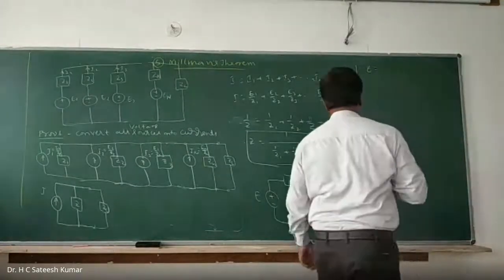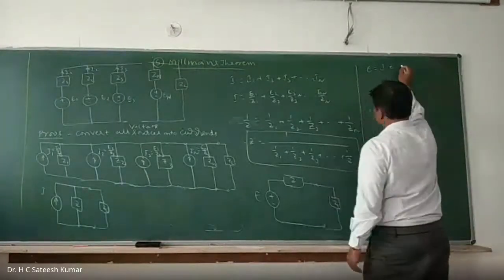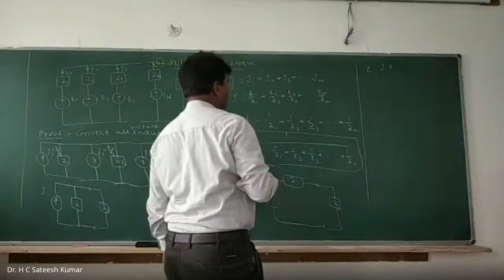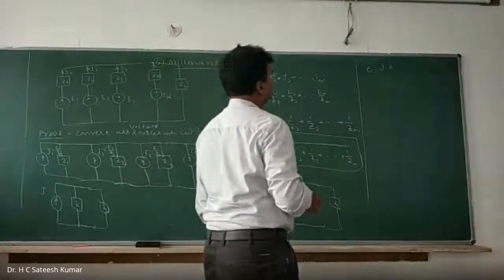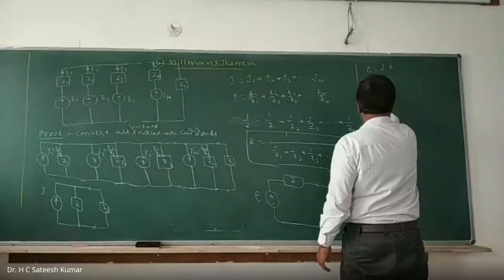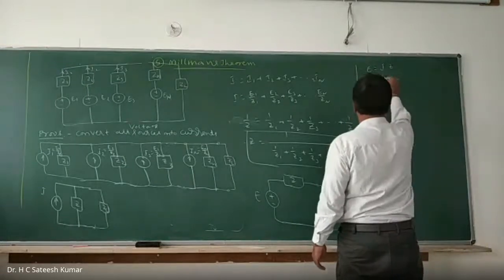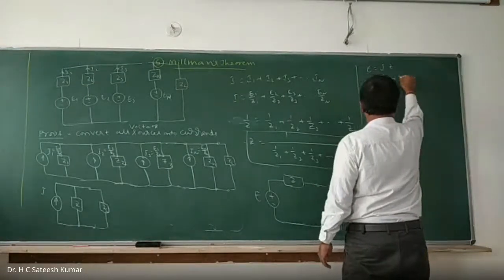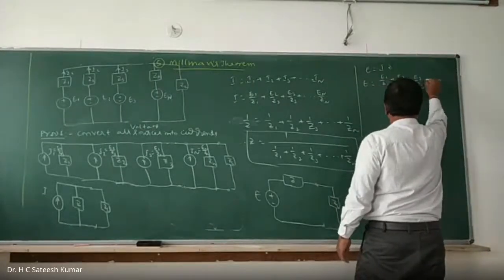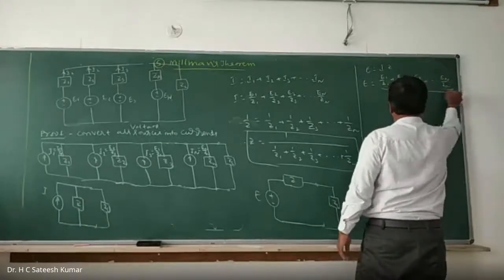V is equal to IR, no? E is equal to I into Z. E is equal to, I is what? I is equal to E1 by Z1 plus E2 by Z2 plus E3 by Z3 plus so on to En by Zn, whole divided by, Z is what?